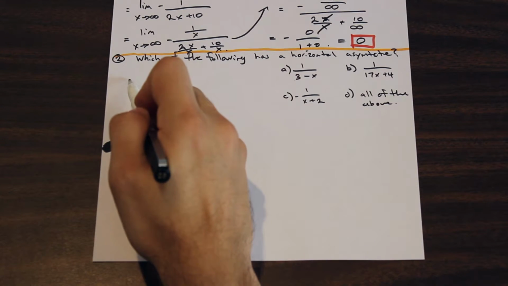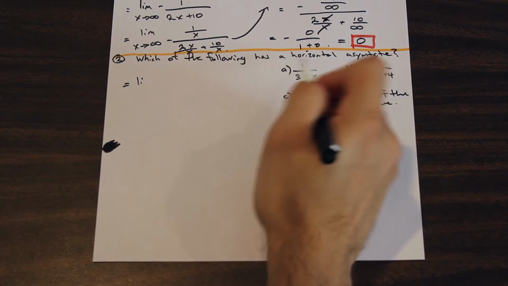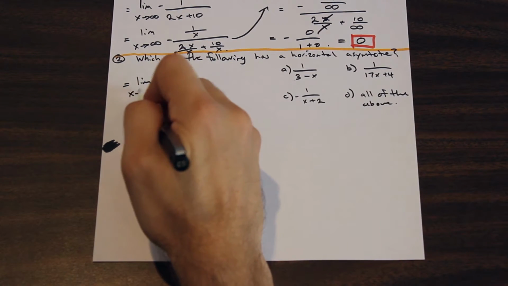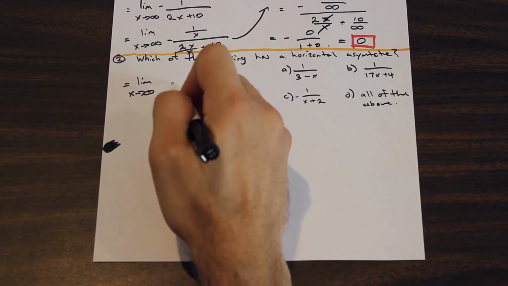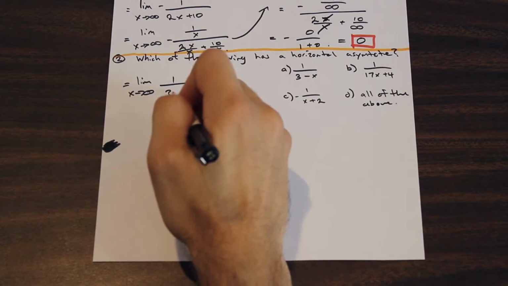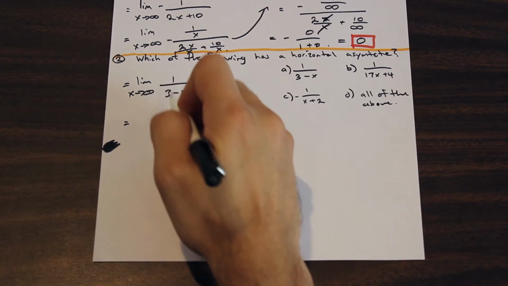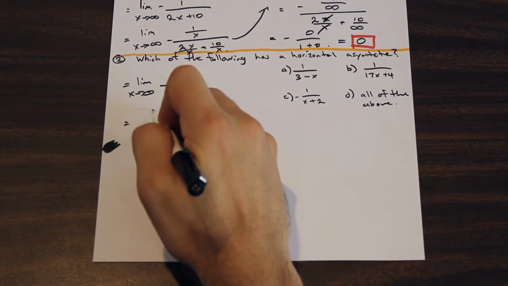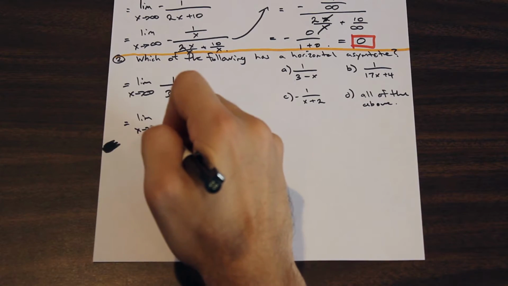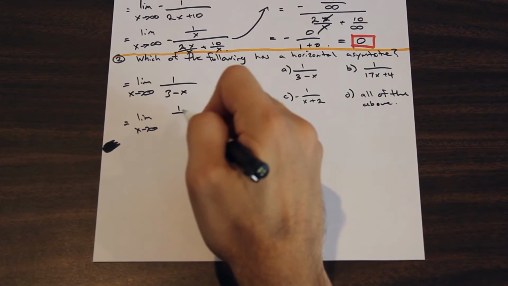So for A, the limit as x approaches infinity of 1 over 3 minus x is exactly the same thing as the limit as x approaches infinity of 1 over x.